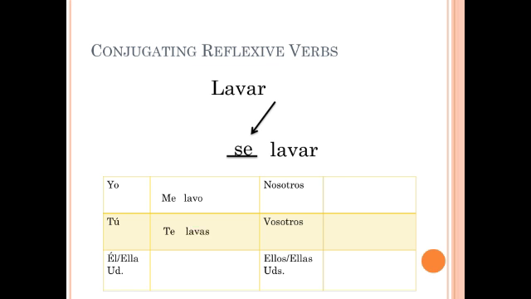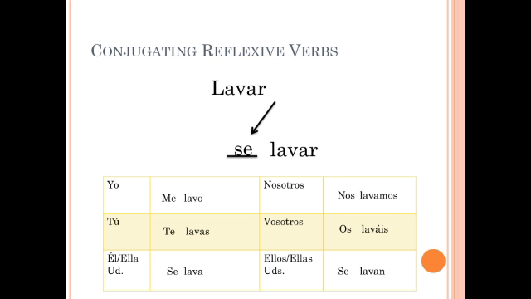So we keep going. Ella, usted, se lava. Nosotros nos lavamos. Vosotros os laváis. And ellos, ellas, ustedes se lavan. The really key thing to remember here is that reflexive verbs are verbs that someone does to themselves.